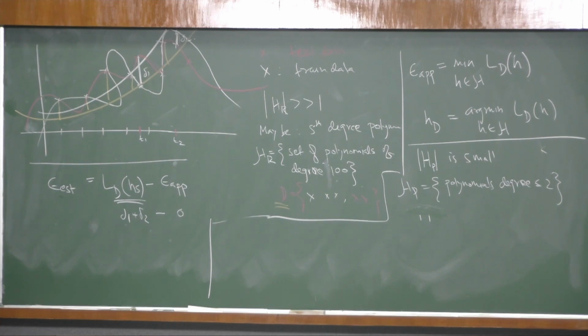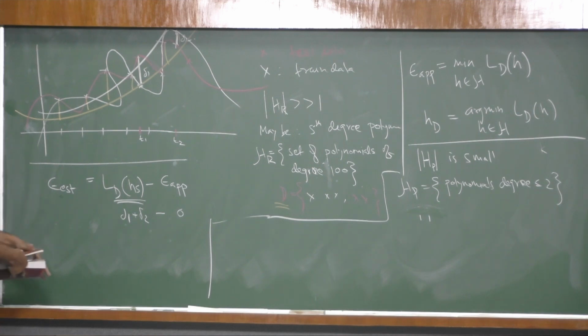So you may think that maybe this is the best I can do. But the problem was you started with a bad hypothesis class itself, because the test error could have been much smaller, and your objective was to learn a function that does well on the test data.